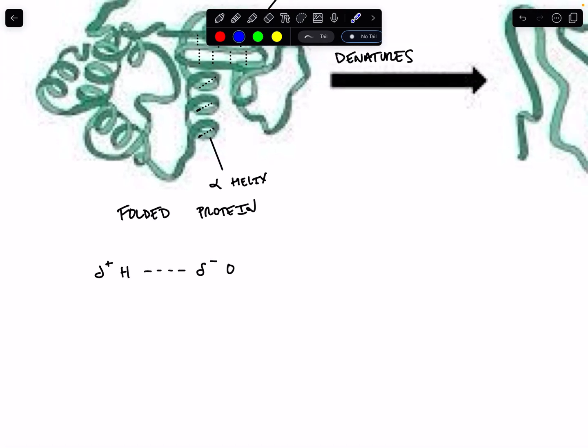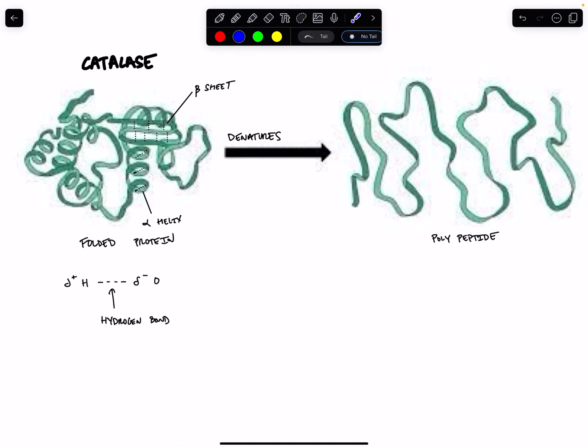So anything that's going to interrupt this hydrogen bond is going to denature the protein.